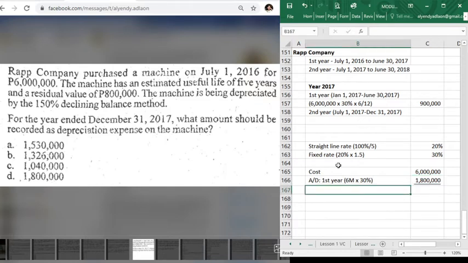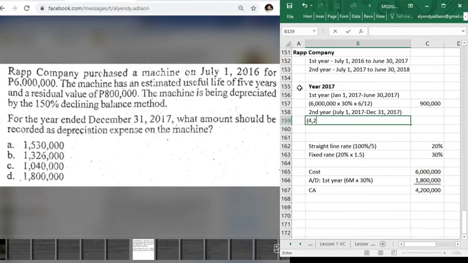Now, cost minus accumulated depreciation, so the carrying amount is 6 million minus 1,800,000, that is 4,200,000. And that 4,200,000 will be the basis to compute for the second year depreciation.